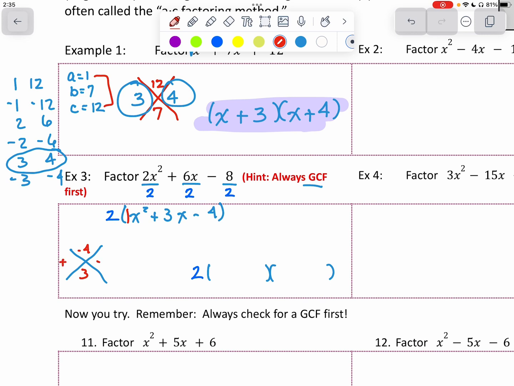I need them to multiply to give me negative 4 and add to give me positive 3. So that's going to be positive 4 and negative 1. Because this leading coefficient is 1, I can go straight to my factored form: x plus 4, x minus 1. And that's my factored form for example 3.